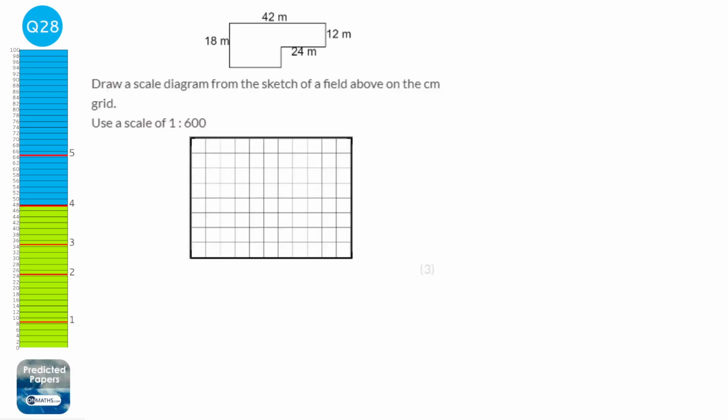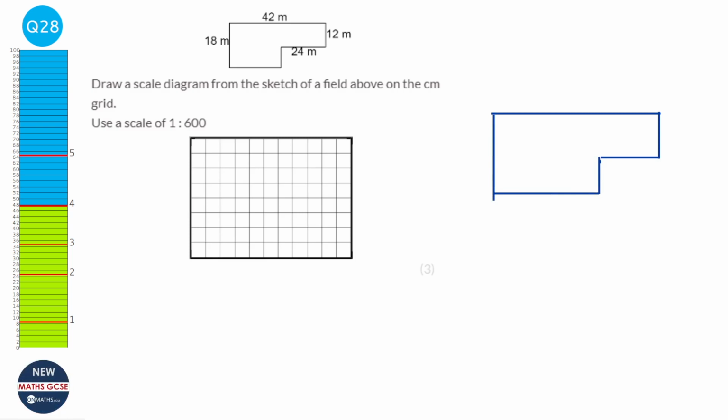First thing I'm going to do to answer this question is quickly draw out the shape again, just so I can show the calculations a bit easier. Okay, the first thing I'm going to do on the diagram is convert all of these lengths to centimetres.